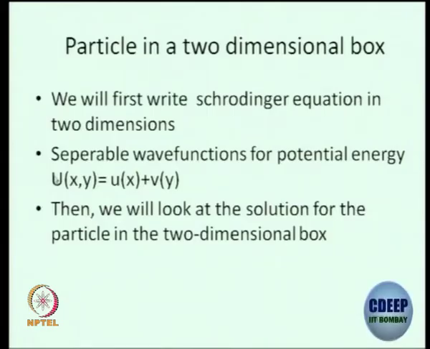So, separable wave functions, at least this particle in a 2-dimensional box falls into this class where u of xy is 0 for all x and y which is less than L, right. Between 0 and L, if x and y are taking values, u of xy is 0 and you can treat this condition being satisfied. So, you can do separable wave function. And then we look at the solution of particle in the 2-dimensional box.